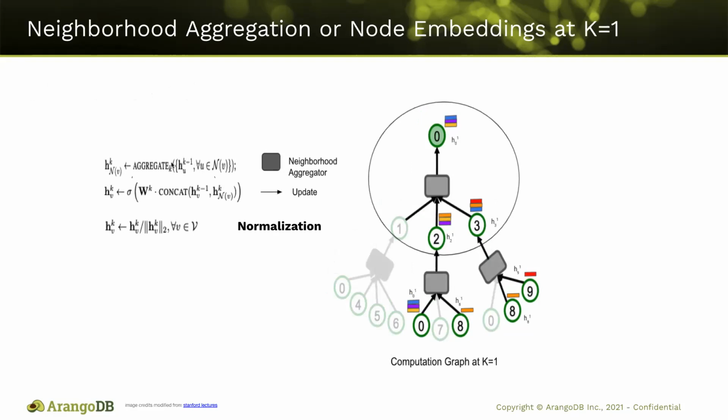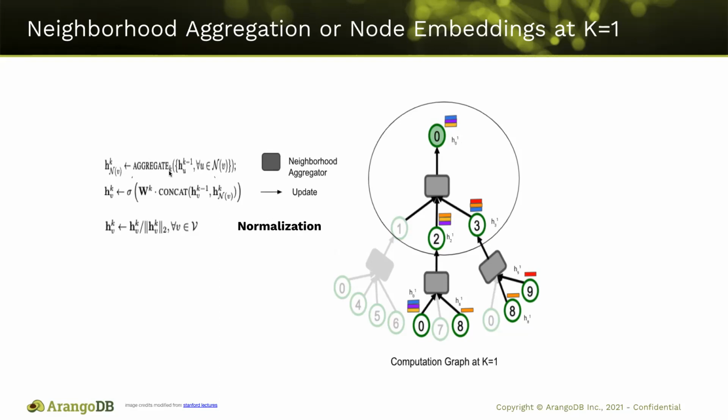As I told you, the aggregation could be any differentiable function; we can use addition, LSTM, or even pooling. And once it is aggregated, we can represent this whole aggregated feature representation as h of k, N of v, basically the hidden layer representation of node 0 at the first layer.